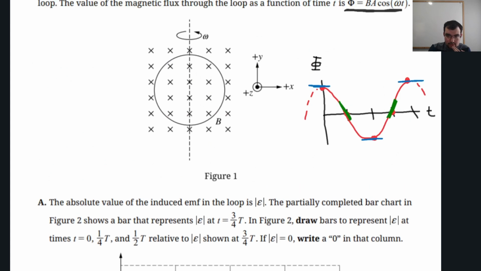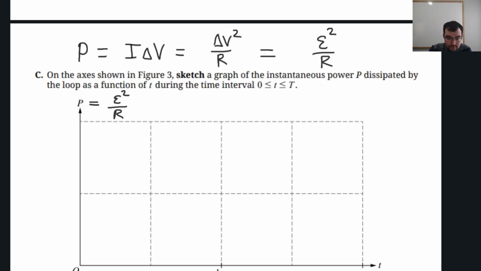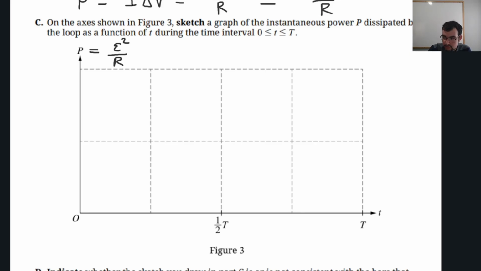So going back to our graph, we said that the flux change, or the EMF, starts at 0 because there's no slope, then it maximizes at a quarter cycle, then at 0, then it maximizes again, then it goes back to 0. So again, there's 0 flux change through the loop at 0, at t halves, and at t.